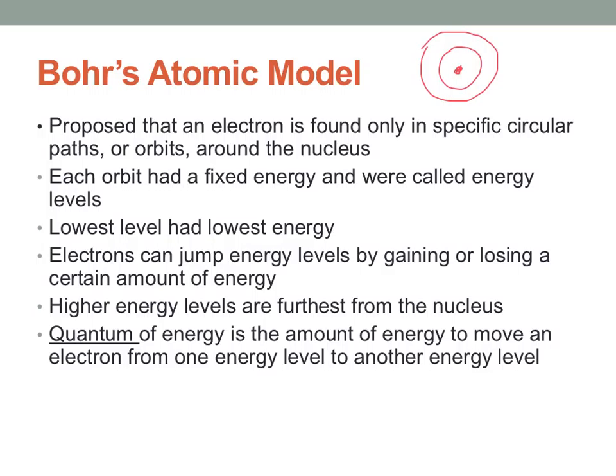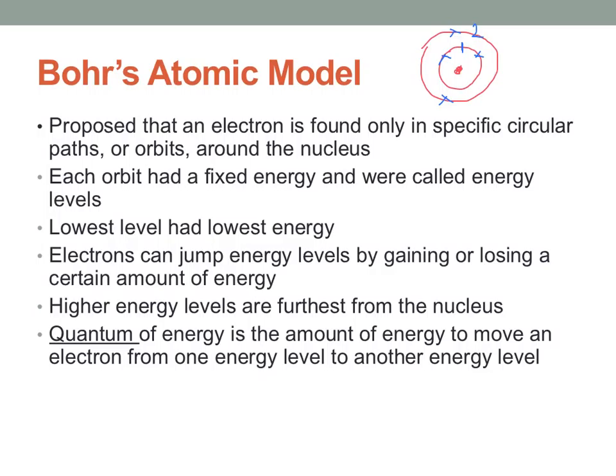But he thought the electrons were floating around in a certain path around the nucleus, and that the lowest level had the lowest energy. So this right here, I'm going to put a 1, that would be your lowest energy level, and then you move out to a higher energy level.